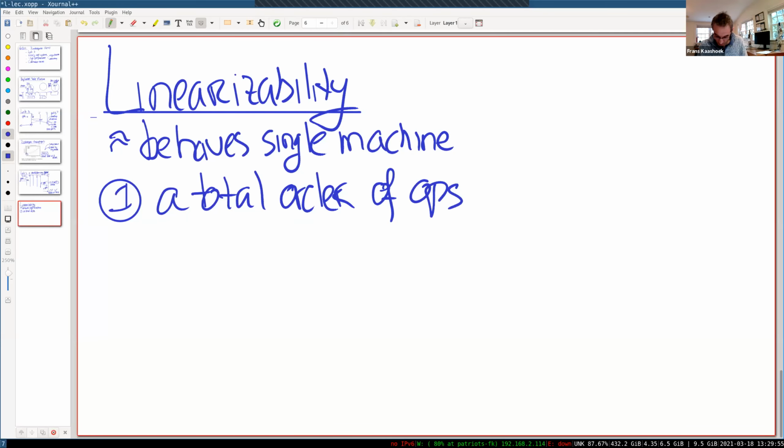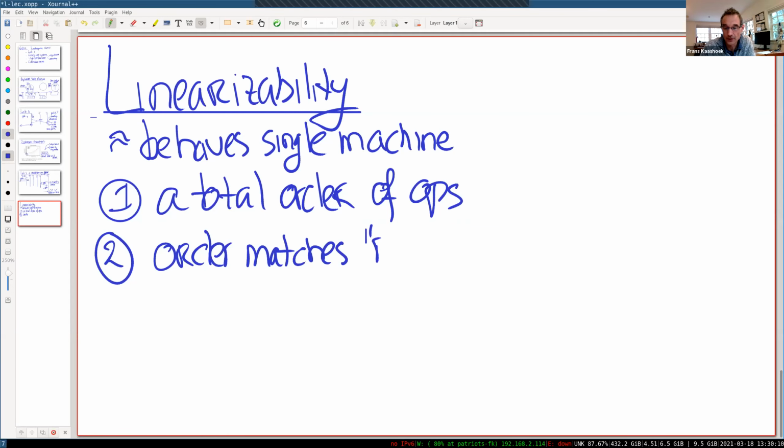And there have to be some properties true about that total order. One property that has to be true is that the order matches real time. With real time, what I mean is that if an operation completed before another one started, then that first operation has to go before the second operation in the total order.